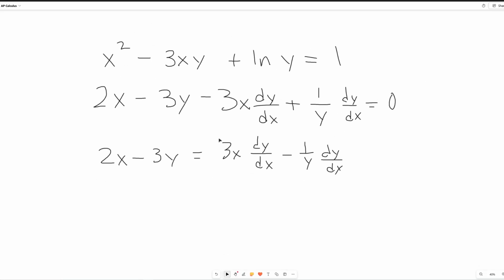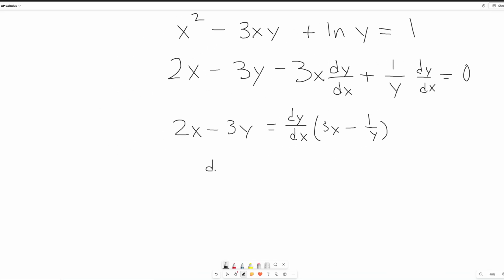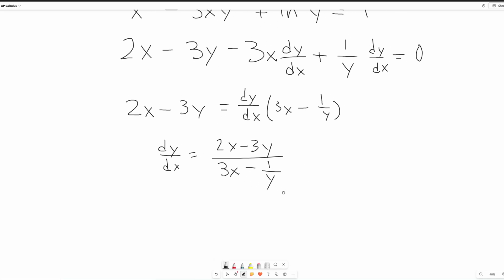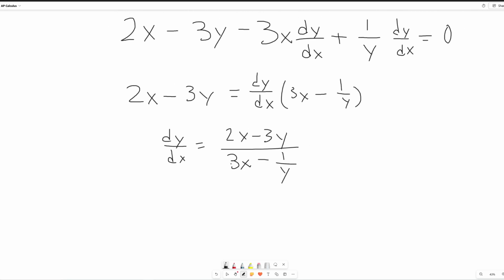Factor this out, so we'll have dy over dx times 3x minus 1 over y, and then you just move it over: dy over dx equals 2x minus 3y over 3x minus 1 over y. This is your answer. Now, you can go one step further.